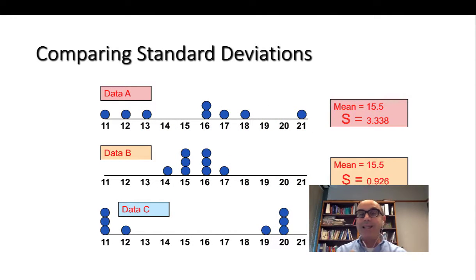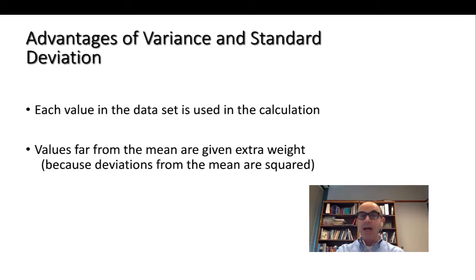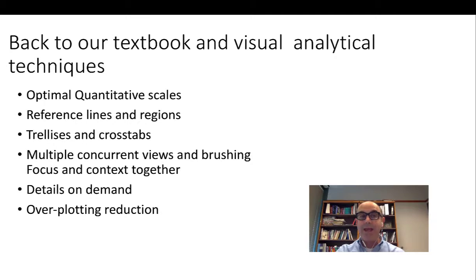If we compare standard deviations, we might find that even though the 3 data sets have different values, the standard deviation gives a better sense. Even though the mean is equal in all of them, the standard deviation gives us a better description or understanding of where each one stands out. The advantage of the standard deviation is that it examines each value in the calculation, and values far from the mean are given extra weight.